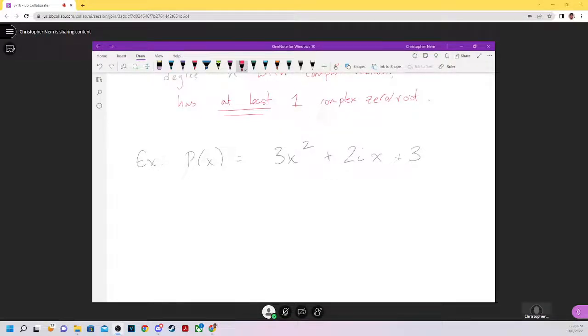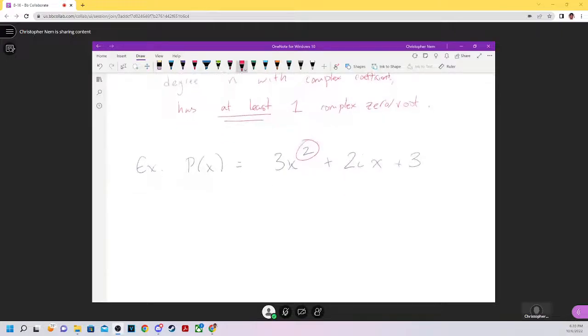But the idea is that this has degree n, and these are all complex coefficients. There is at least one complex root. Likewise, if I had instead changed this to -4, there's at least one complex root. Because remember, a real number is a complex number at the end of the day. So even though my root is real, it is still counted as a complex root.